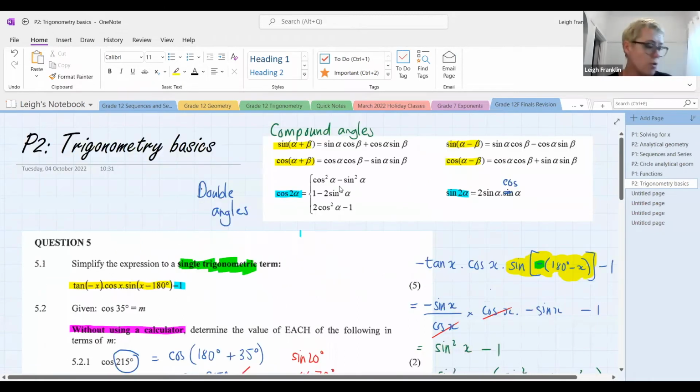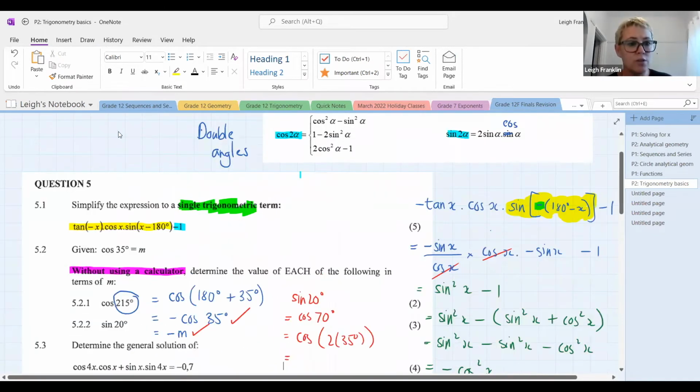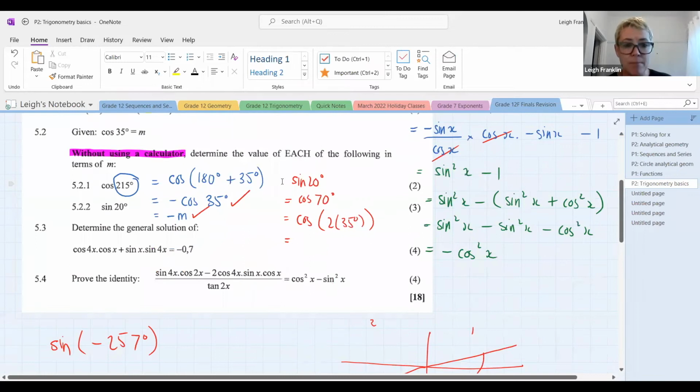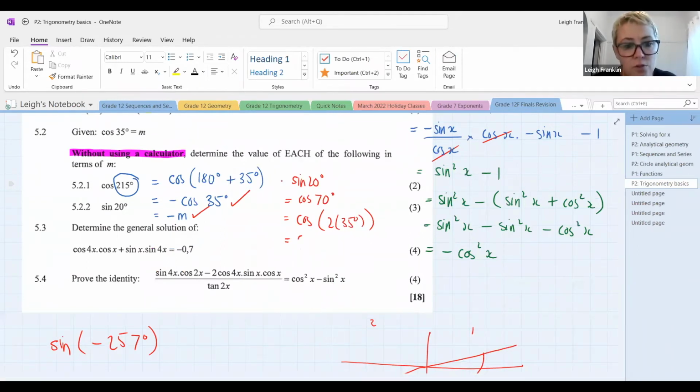What we want is it in terms of m. Since cos of 35 is equal to m, I'm going to choose 2 cos squared 35 minus 1, and then replace my cos squared 35 with m. So it'll end up being 2m squared minus 1, and that would be our answer.